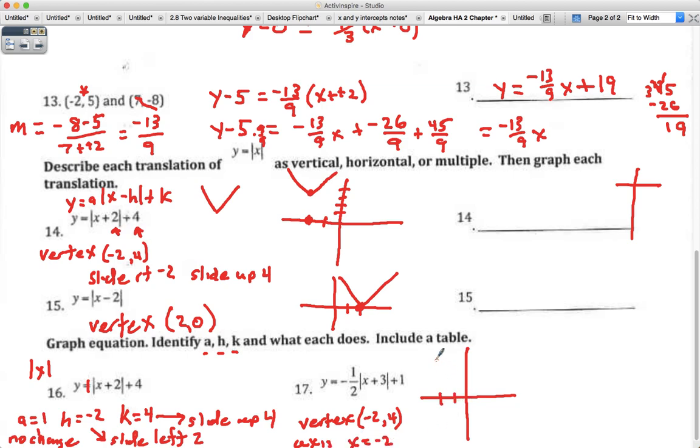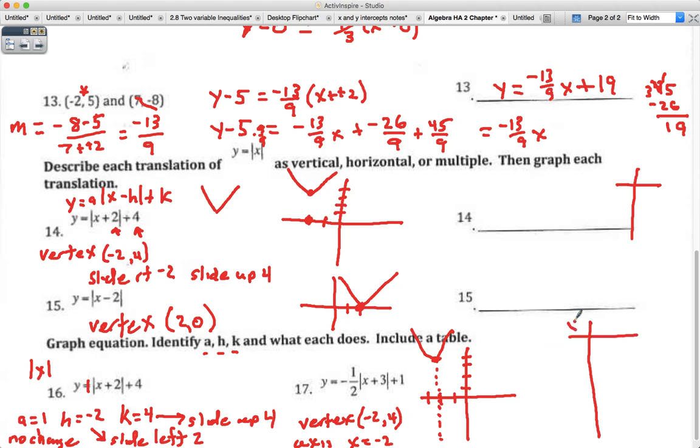The graph is split evenly at -2. So I'll go up to 4: 1, 2, 3, 4. I know it looks like this, but I'm going to provide a table to make it easier. And then we'll do 17 on another page.